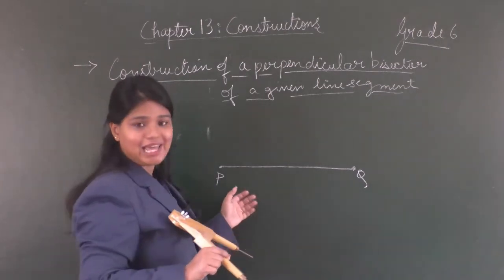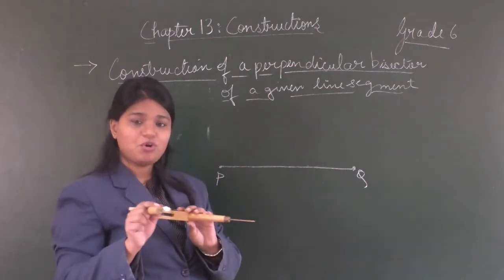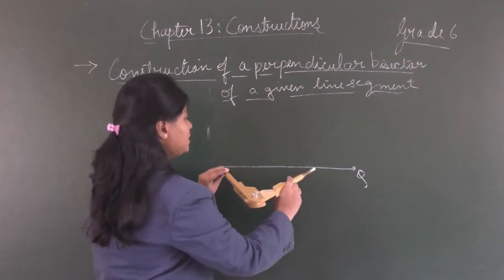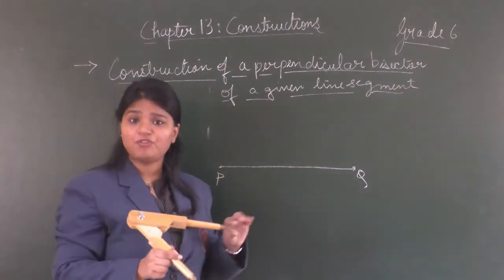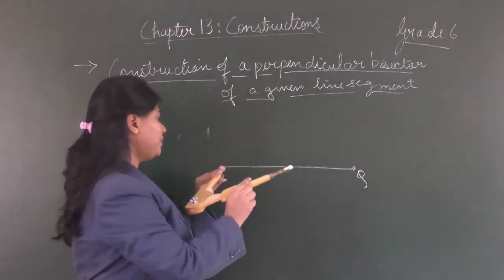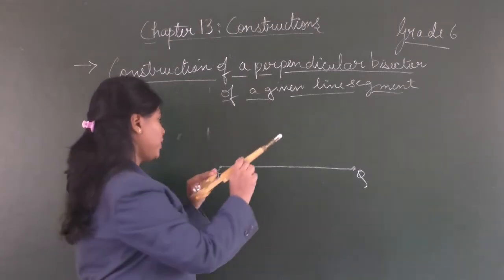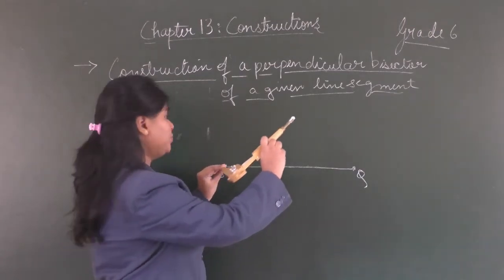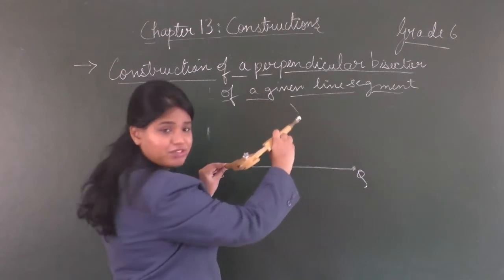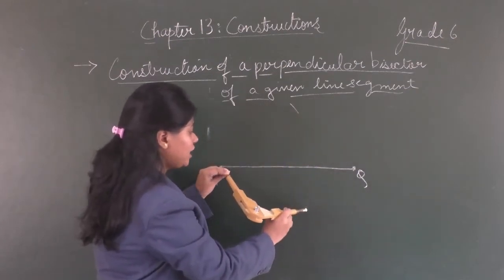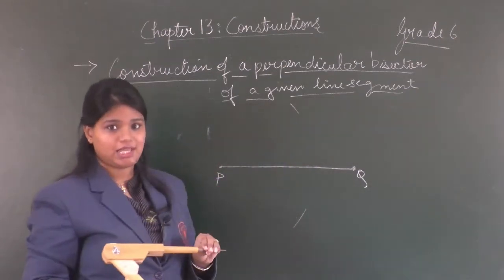Now, after opening the compass to a radius more than half of this line segment, you will place the needle on point P and mark an arc above this line segment and an arc below the line segment.